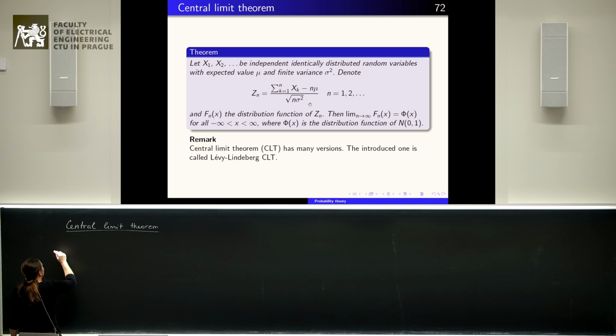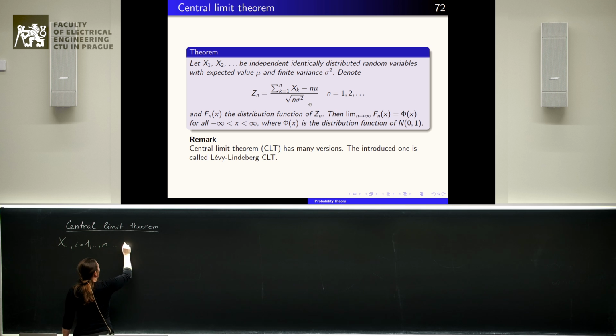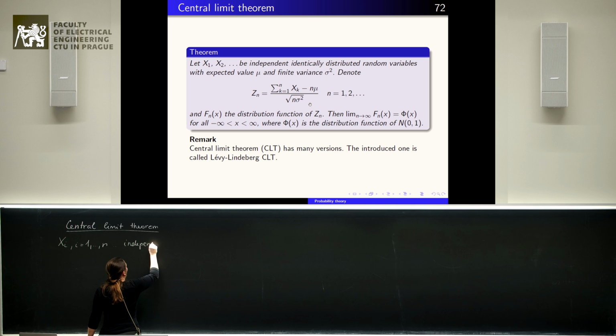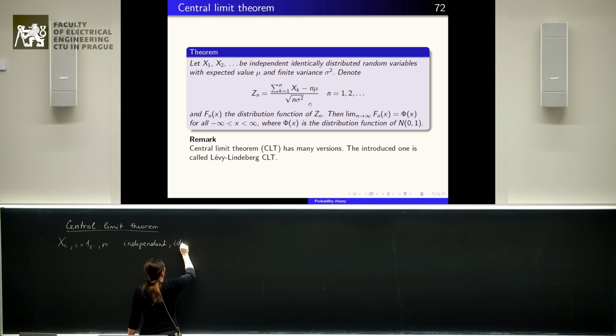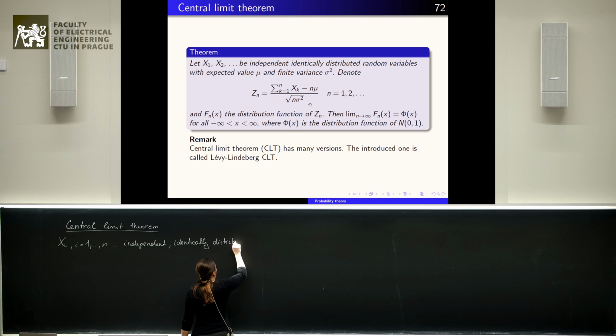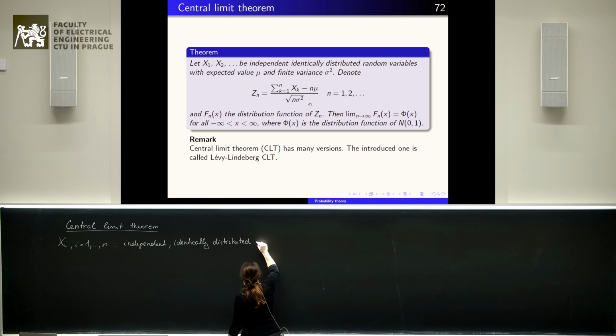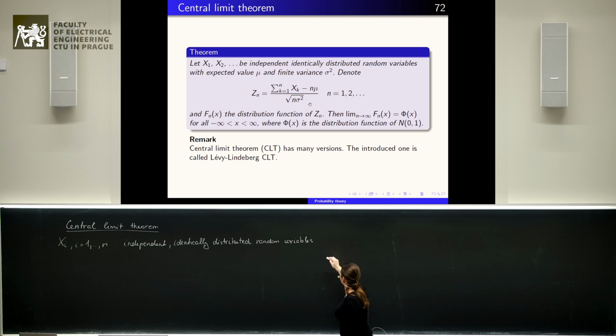So we know that when we have X_i independent, identically distributed random variables. In the sequel, I will use only IID for independent, identically distributed random variables.